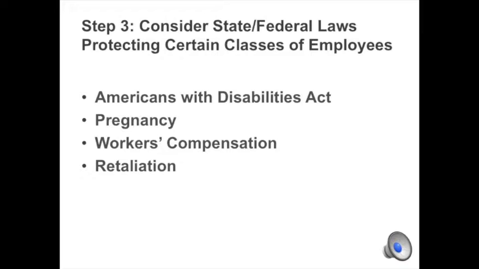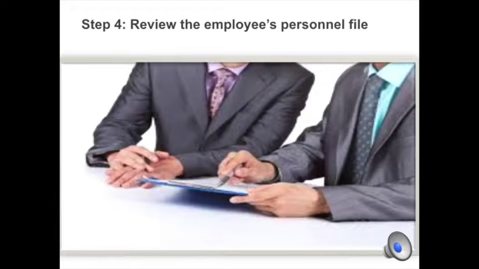Has the employee participated in any official investigation of the employer, i.e., wage or safety violation, or testified against the employer in an unemployment insurance or other hearing? Is the termination in retaliation for the employee's exercise of protected personal rights, such as freedom of speech or political activity?